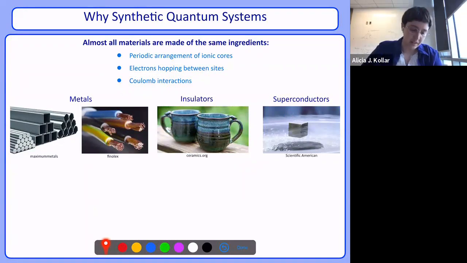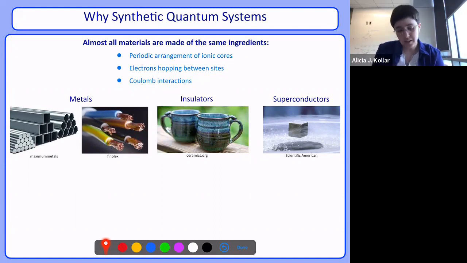And so the field of condensed matter physics is interested in really understanding how these very simple elements in different configurations and different combinations can lead to this vast variety of phenomena. There are many different ways that people go about understanding this. The most traditional experiments are to probe each material or each class of material individually.